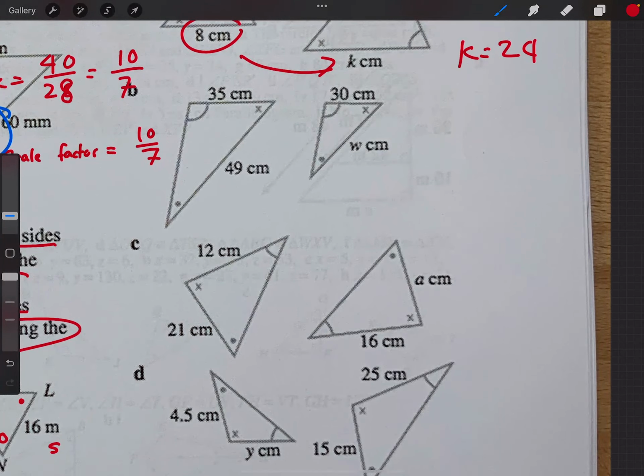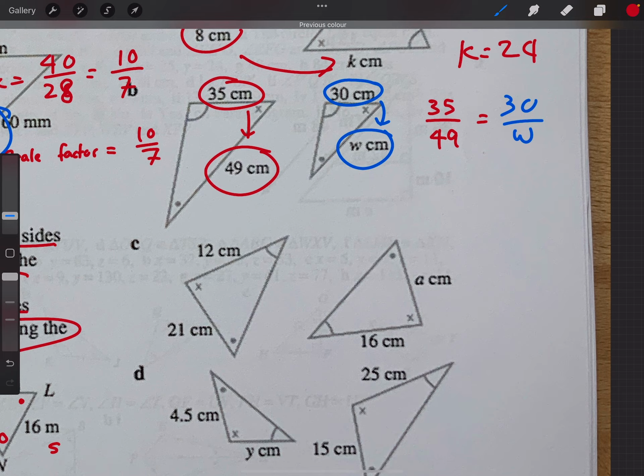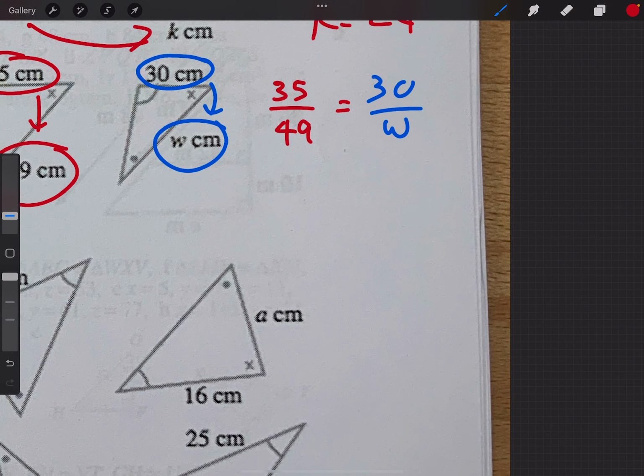Now, the second one. Again, everything is matching, so I can say, well, from 35, I'm going to 30. Okay, I don't know what that is. So instead of doing it that way, we're going to do a different comparison. We're going to say 35 over 49, and that's going to equal 30 over W. Now, before we continue, I want to simplify anything where I can.